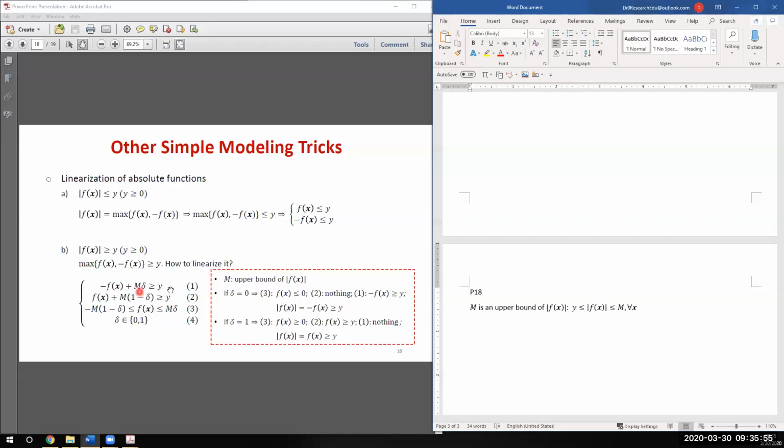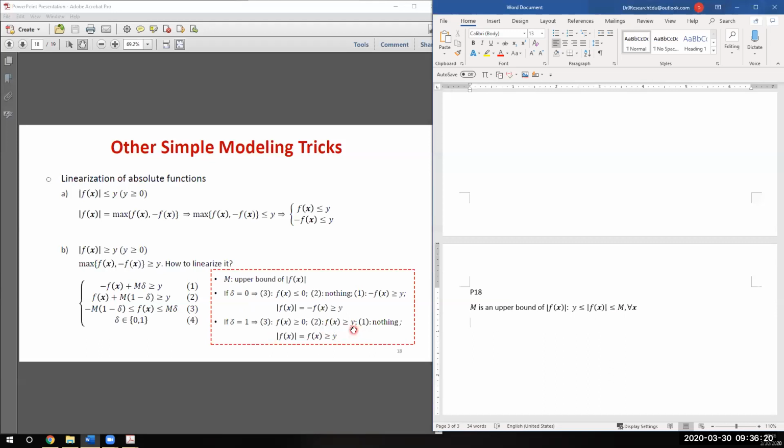And constraint 1 is negative f(x) plus M is greater than or equal to y. This is nothing, again because M is a huge number. There's no problem. So in this case, it tells you that f(x) is greater than or equal to y.